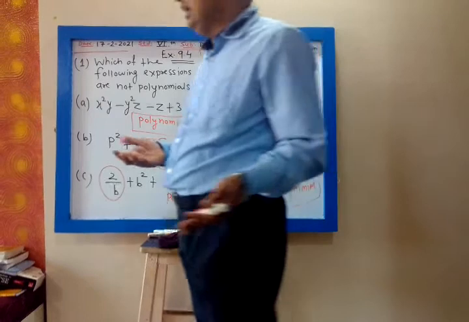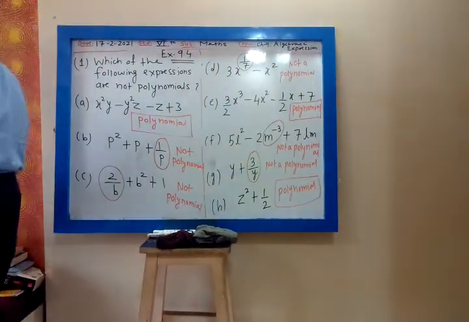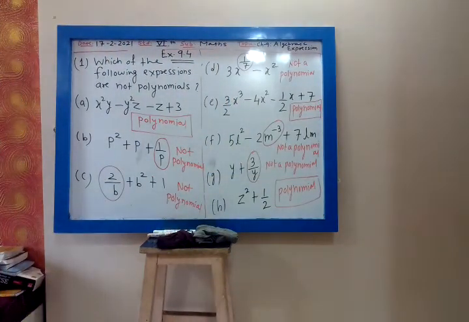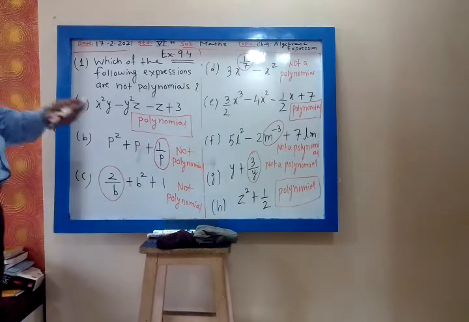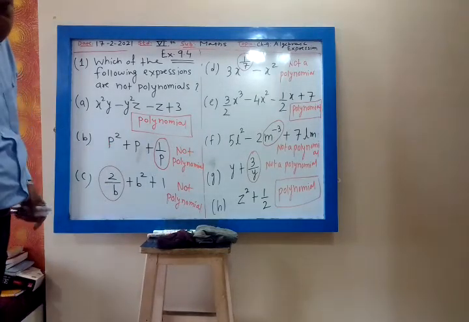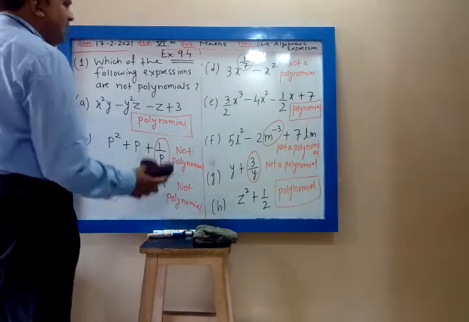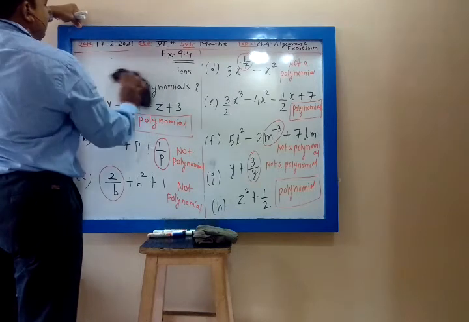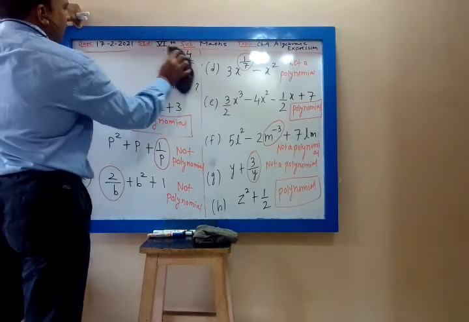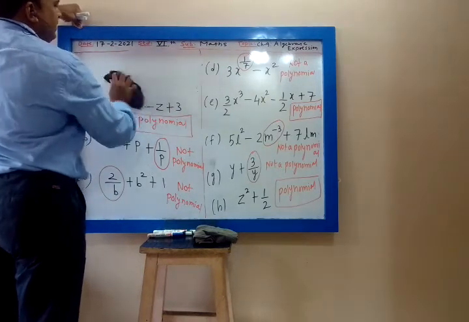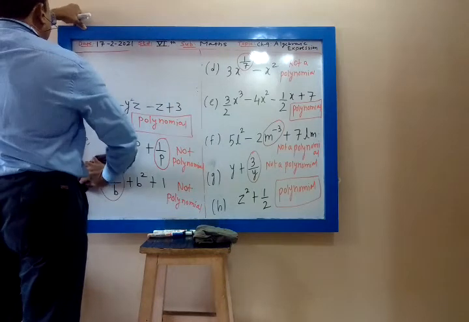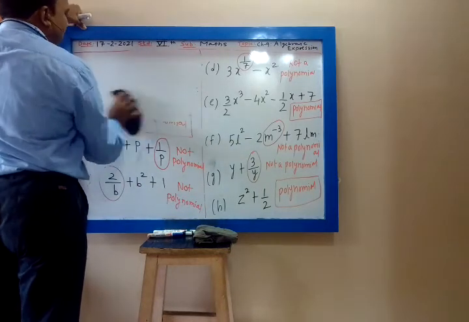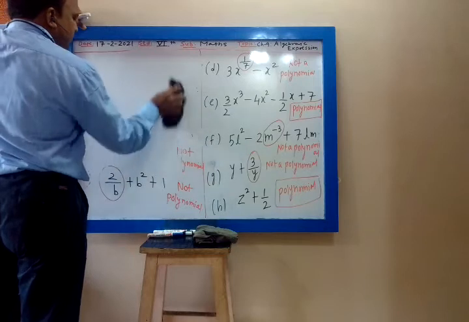Right, second one. LM is the variable. My dear, LM is a variable. Polynomial means it is an algebraic expression where variables are in the numerator and the power of the variable should be either 0, 1, 2, 3, 4, 5, and so on.